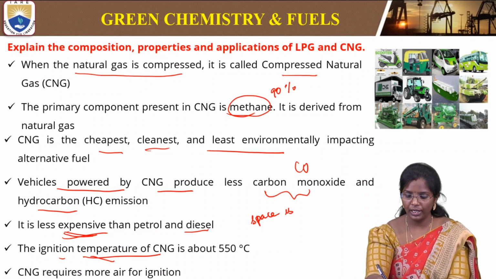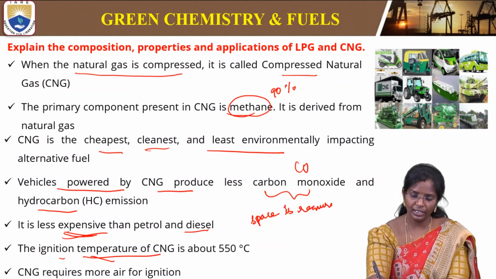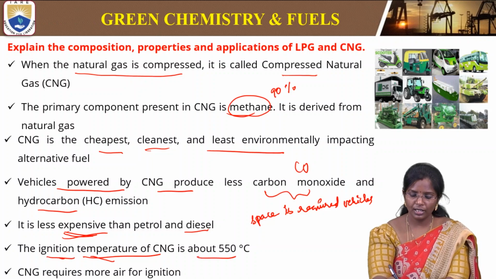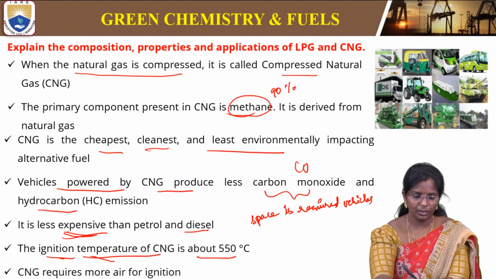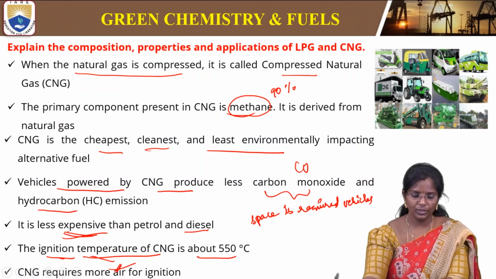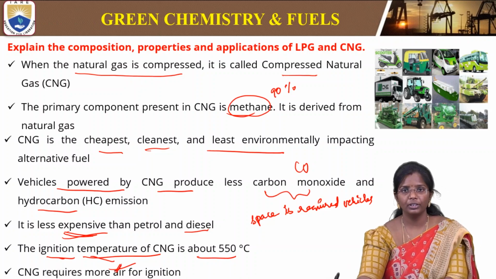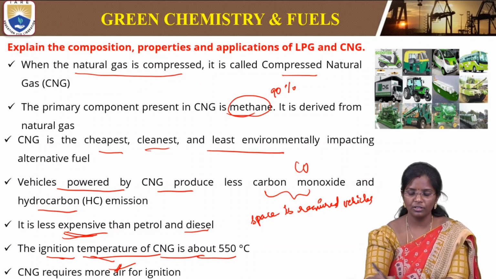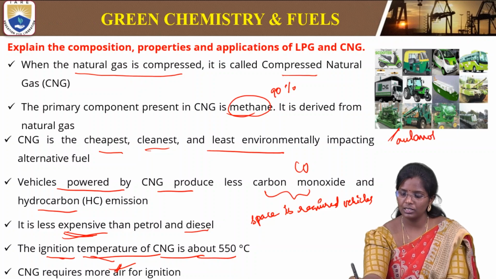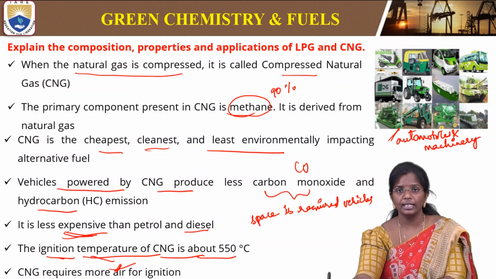Space is required for the vehicles. Ignition temperature is about 550 degrees centigrade and it requires more air for ignition. Because it requires more air for ignition, we avoid it for domestic usage, whereas we can use it for automobiles and machinery. Automobiles and machinery are the wide applications of this CNG gas.